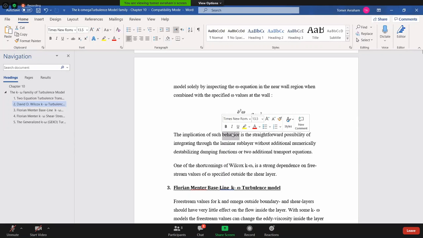But they have their own problems, because connecting RANS without any turbulent content and large eddy simulation with turbulent content is what's called the gray area. It's proved to be very problematic.